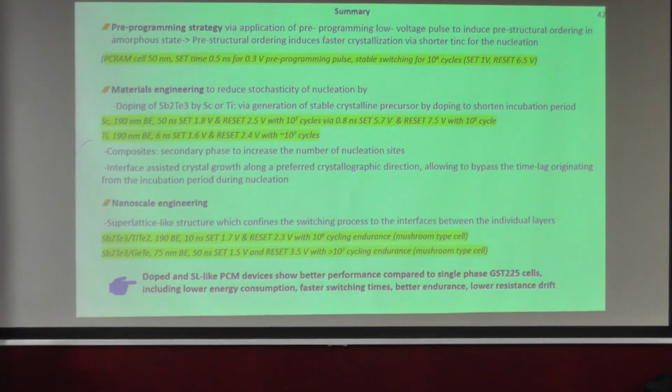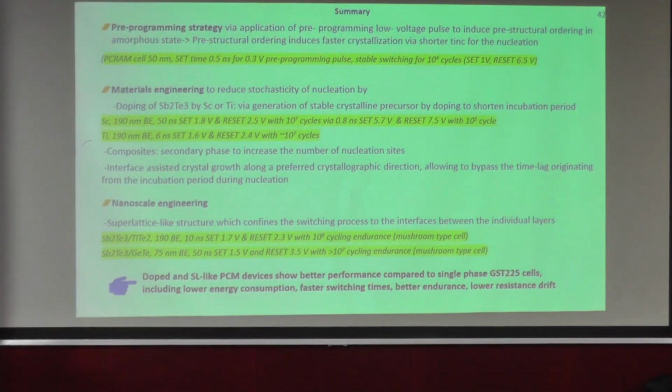As you know, these ABAB units act like nucleation sites to form a stable nucleus, so they again shorten the incubation time. The PCM cells based on scandium and titanium showed nice set times, like 50 nanoseconds for scandium with high endurance, and for titanium 6 nanoseconds with high endurance.